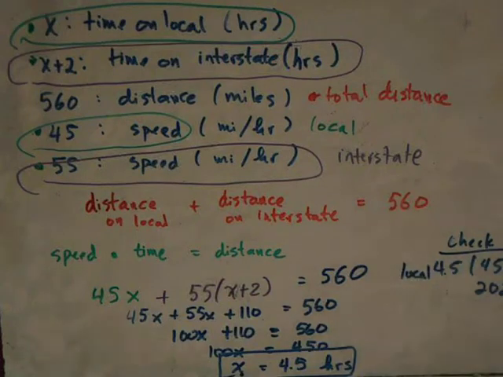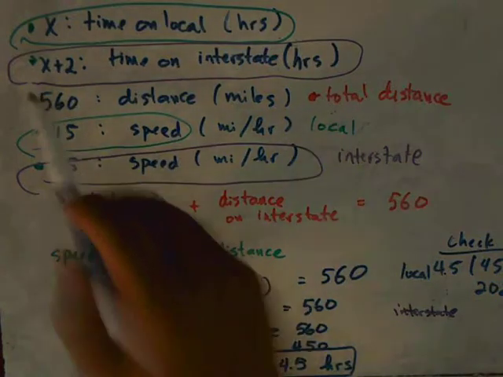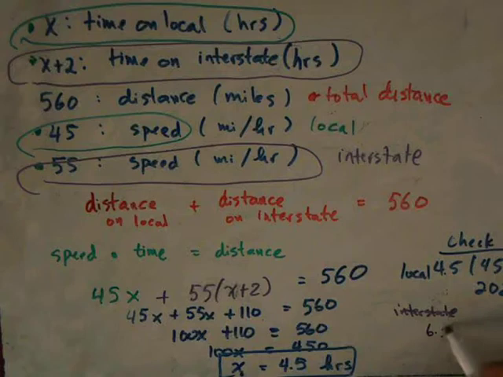That means for the interstate, it's 2 more than that, x plus 2, so this should be 6.5 times 55 miles per hour. 6.5 times 55 miles per hour will give me 357.5.